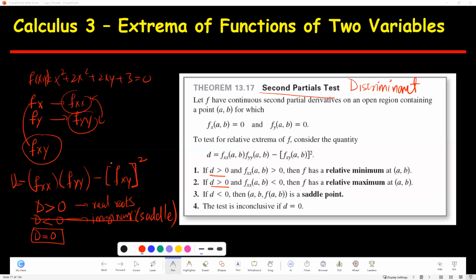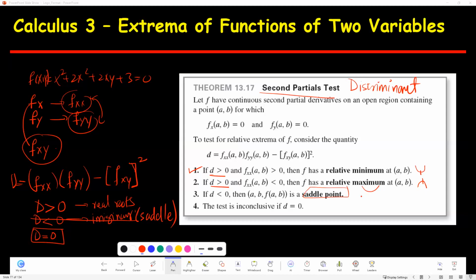So I really have four conditions. Number one, if D is bigger than 0 and fxx is bigger than 0, then it's a relative minimum. It means a function like this. If D is bigger than 0 and fxx is less than 0, it's a relative maximum, which is this one. If D is less than 0, it's a saddle point, which I already talked about.